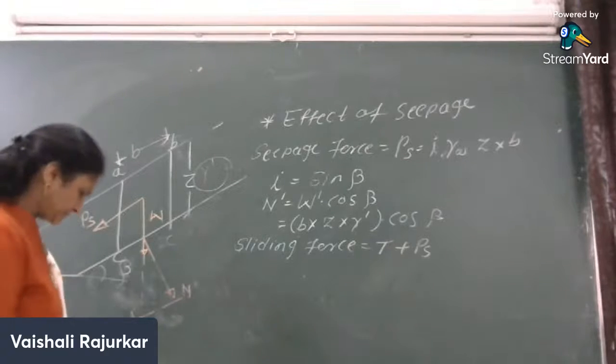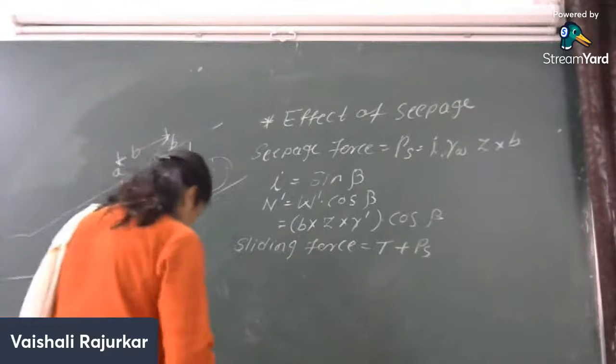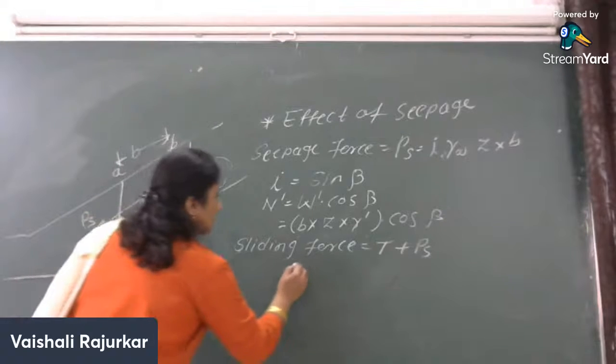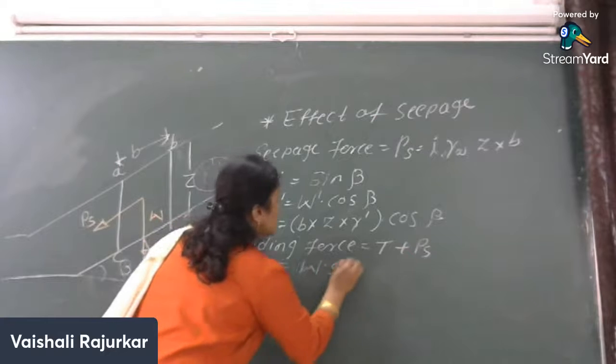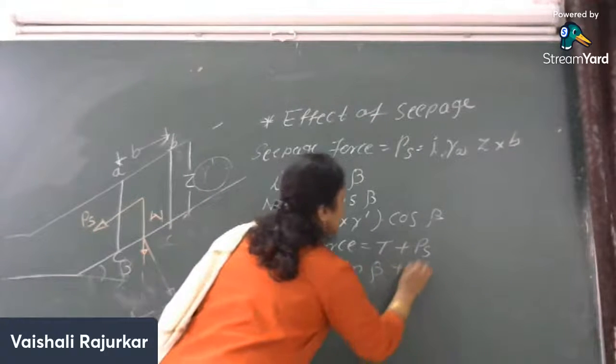Now what is T? It will be W into sin of beta plus Ps.